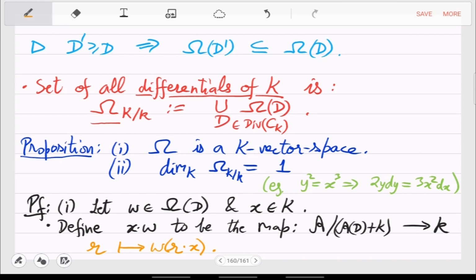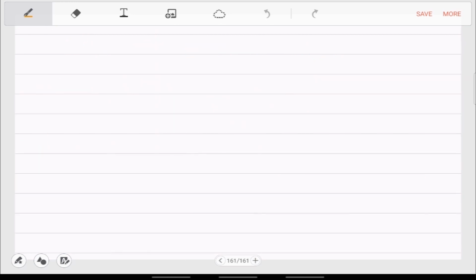Now you also have to show, actually, two things can always be added. So that I think is easy. Oh no, there is one thing. This big omega is all the differentials, so they may be for different divisors. So let's also check that.